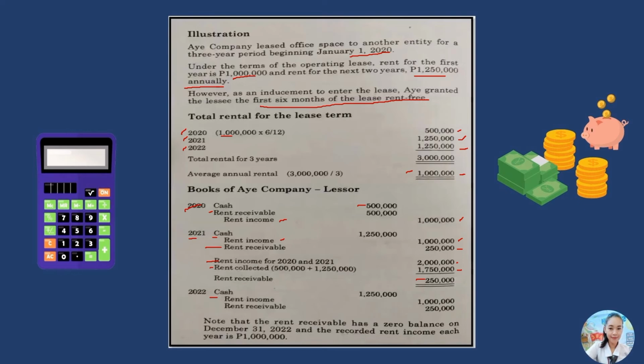So the company, the lessor, debits cash of 1,250,000, and again credits rent income of 1 million, and then again credits rent receivable of 250,000. Right. Okay, so this is the end of this illustration.